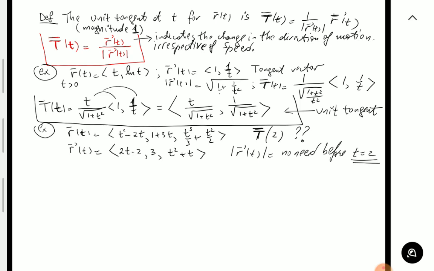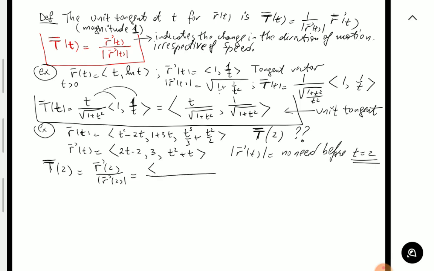So I'm not going to bother to compute the magnitude in terms of t, which would be a tedious part. I'm going to go right away and set up that the unit tangent at 2 will be r prime of 2 over the magnitude of r prime of 2. So I'll just plug in 2 right away.